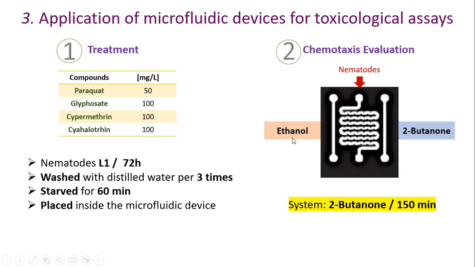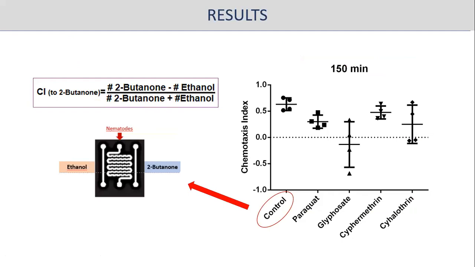Here you can see how we calculate the chemotaxis index to 2-butanol and the results of chemotaxis for each treatment 150 minutes after. And these were the results obtained.